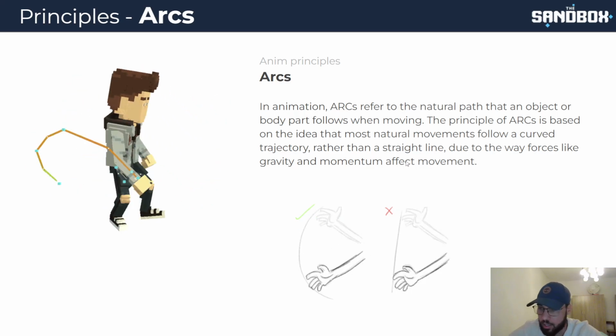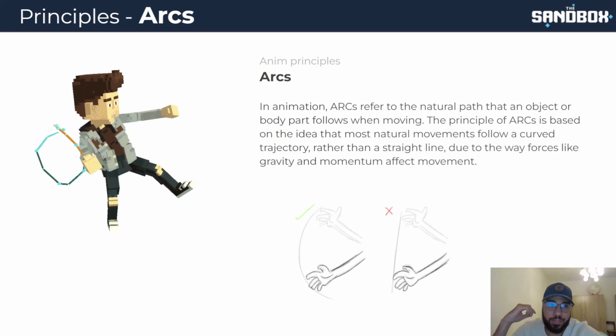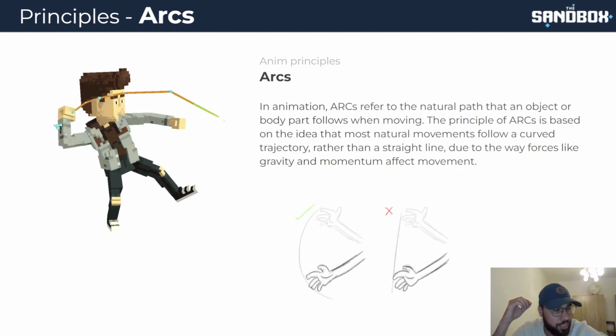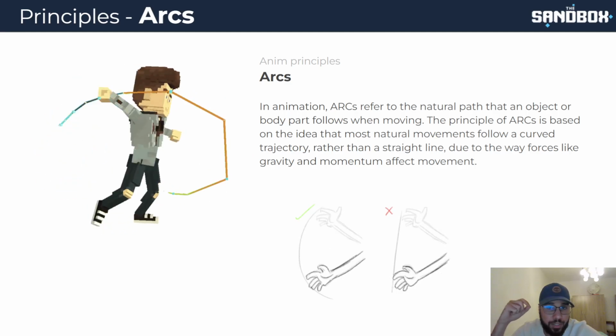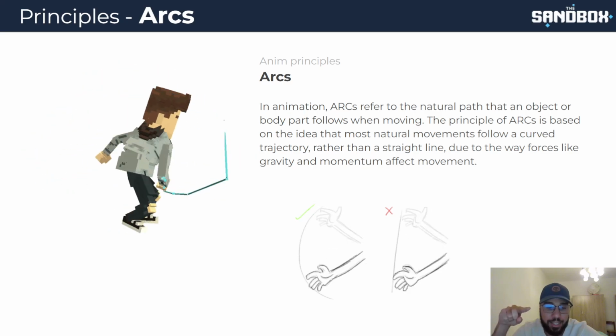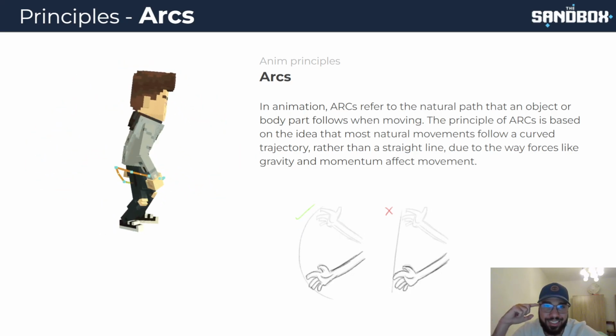So it means that in all humans, or actually all life forms, the movements are usually arcs and not straight lines. If you do straight lines, you'll be a robot.